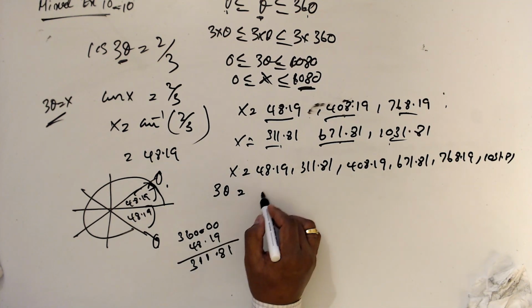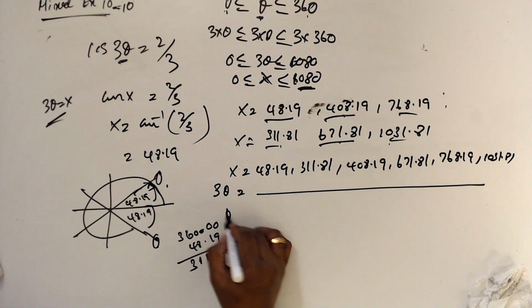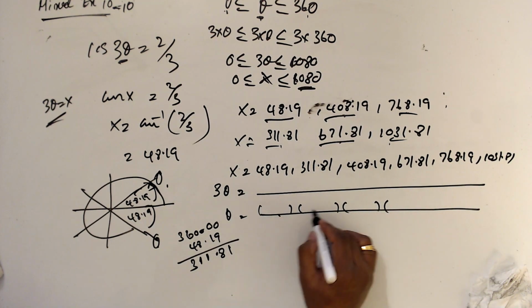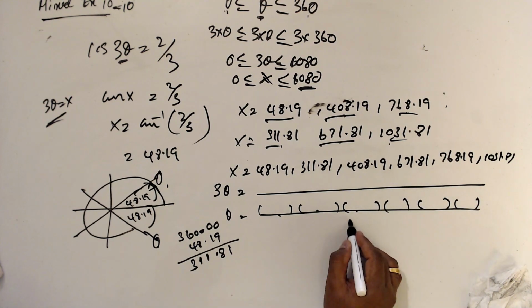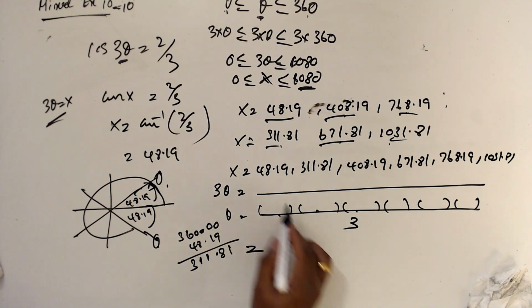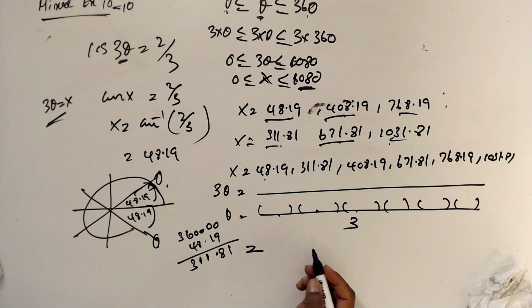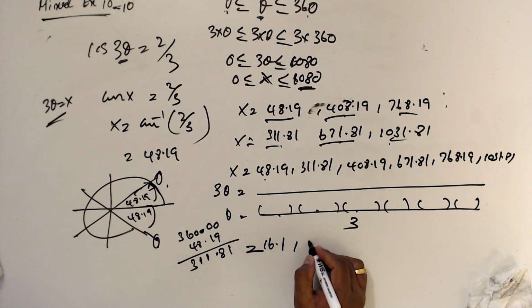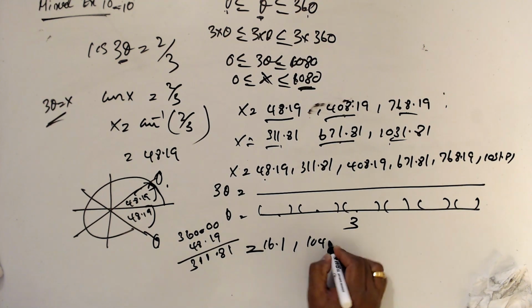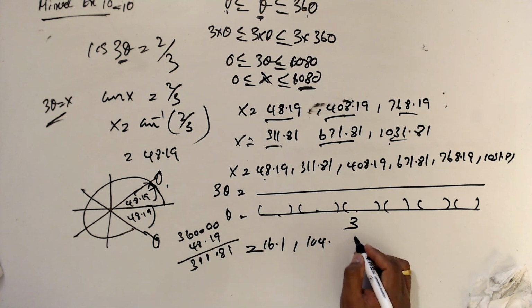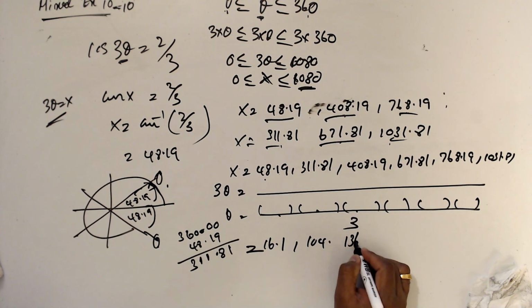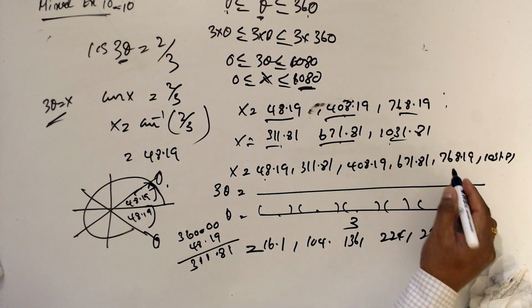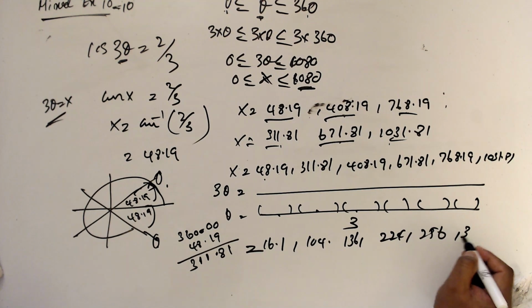Now I want to divide all six numbers by 3. So 48.19 divided by 3 is going to be about 16.1. Another one is 104, and then 136, 224, 256, and 344.